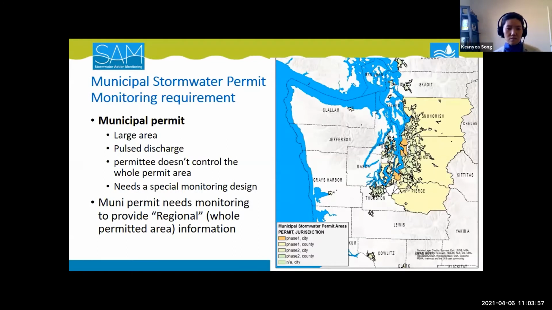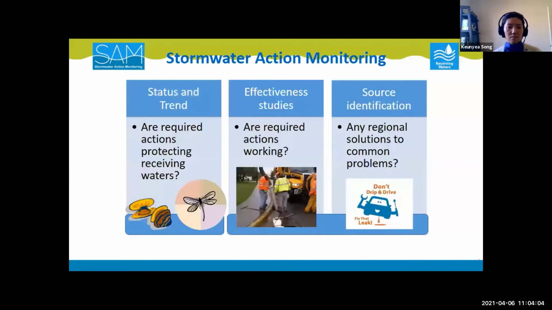That is why we have SAM as a monitoring option for municipal permittees. Permittees and Ecology agreed and developed Stormwater Action Monitoring. SAM is a permittee-collaborated regional scale monitoring program.